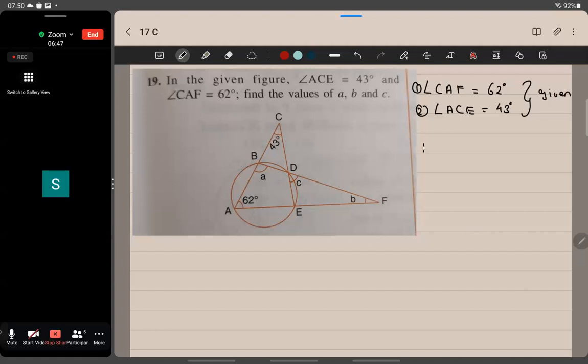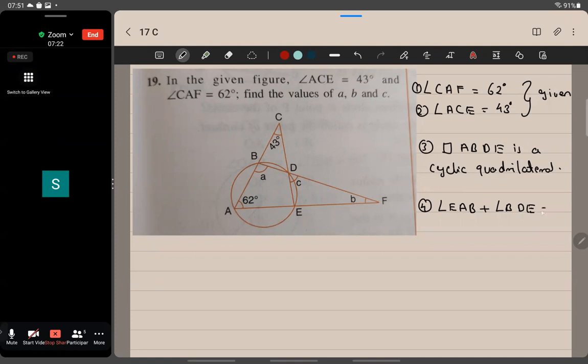Third point, quadrilateral ABDE is a cyclic quadrilateral, right? So fourth point, angle EAB plus angle BDE is equal to 180 degree.